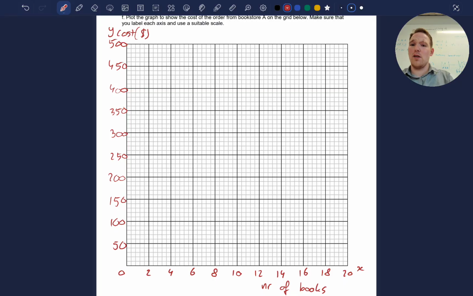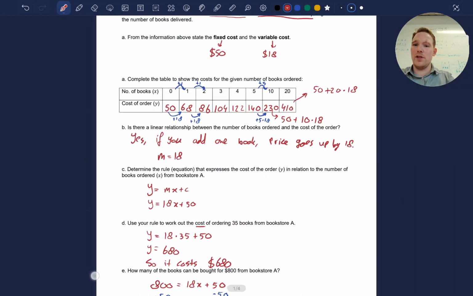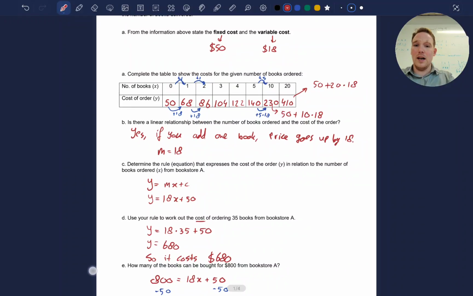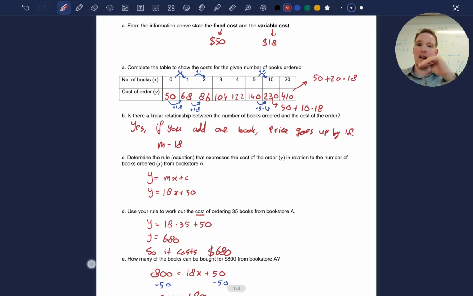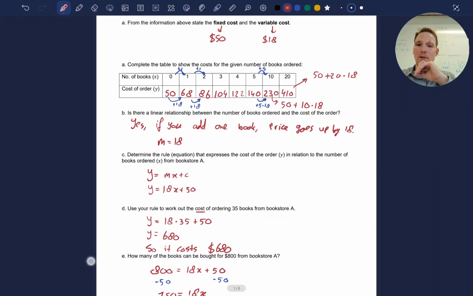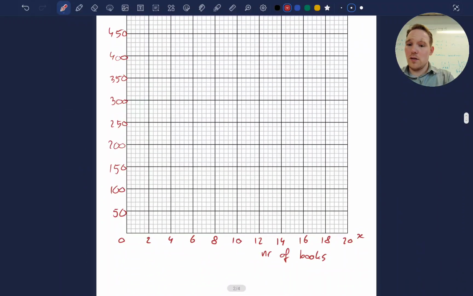Okay, now let's plot some of these values from my table. I had the value 0, 50. That's a very nice one because I can clearly read off the 50 amount. And I'm going to do another nice number, 5 and 140. So let's start with those. 0, 50. It's right over there. 5, and what did I say? 140.